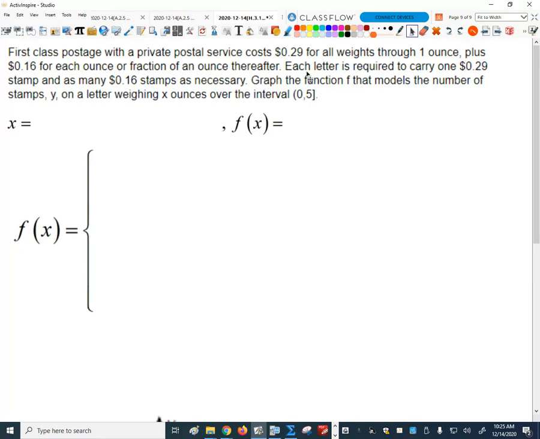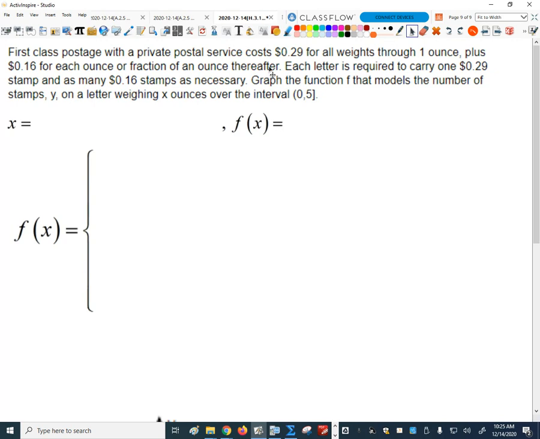But what if it weighs 1.01 ounces? Then what do you have to do? It says plus 16 cents for each ounce or fraction of an ounce thereafter.